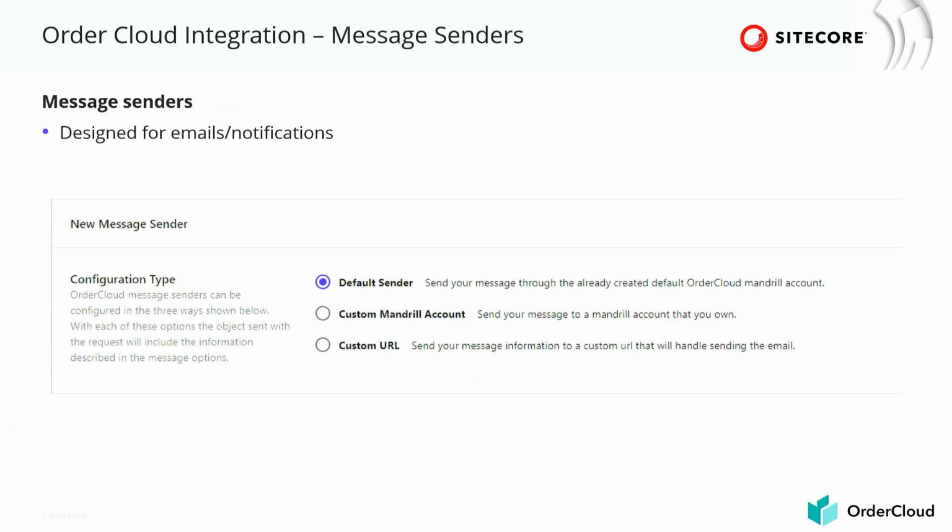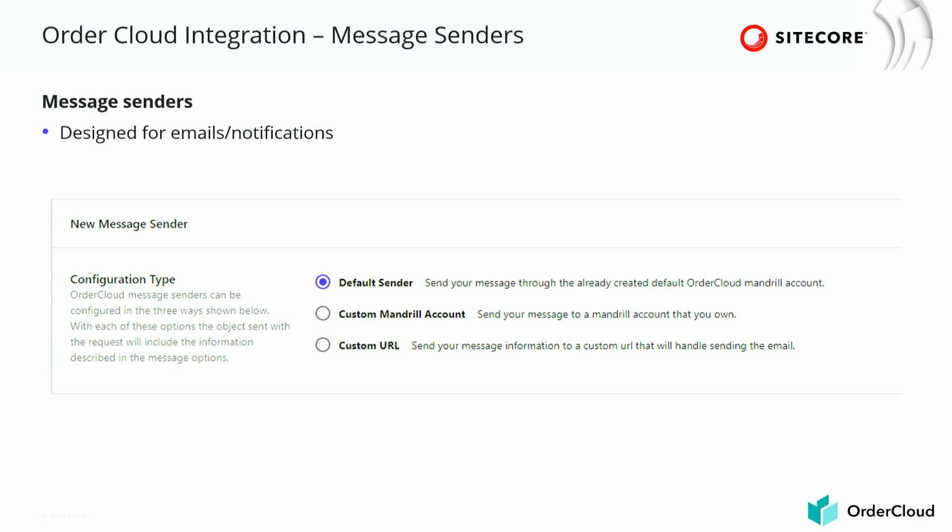And Order Cloud comes with a second integration way: message senders. Let me just read the definition. It's a feature that helps to deliver event-driven notifications based on certain key commerce activities. Order Cloud defines activities which could be things like order submitted, order shipped, forgot password, etc., and leaves it open to the developer to decide the presentation and notification format.